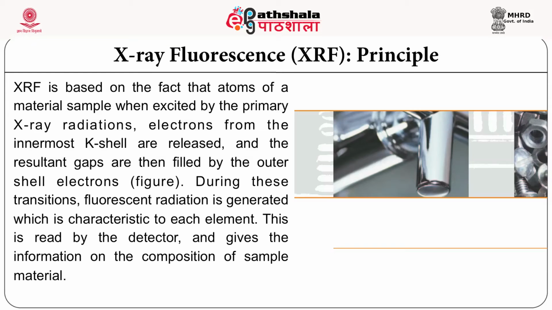During these transitions, fluorescent radiation is generated, which is characteristic of each element. This is read by the detector and gives information on the composition of the sample material. So, from which outer shell the electron is falling, and the excited rays detected, determines the characteristic of the sample.